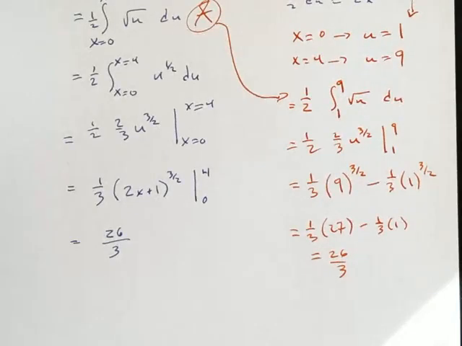I prefer to change limits, but that's me. If you prefer to leave the limits and go back to the original variable, you can do that in either of these two ways. What you cannot do, the following is 100% wrong.